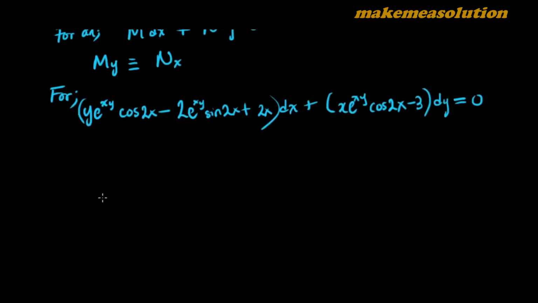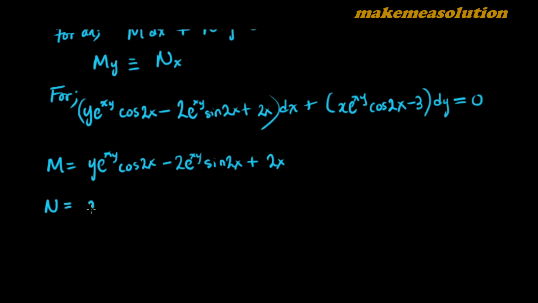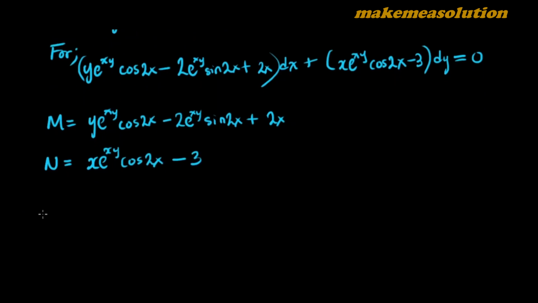For this particular differential equation, our M is y e^(xy) cos 2x minus 2 e^(xy) sin 2x plus 2x, and our N is x e^(xy) cos 2x minus 3. So we want to find M_y, and M_y is the partial derivative of M with respect to y.